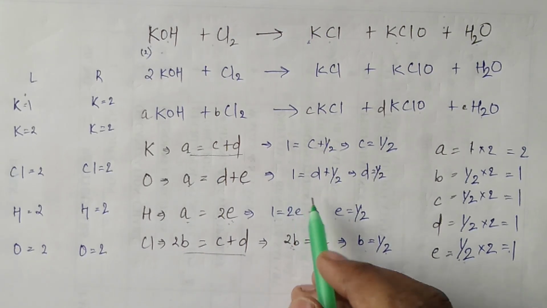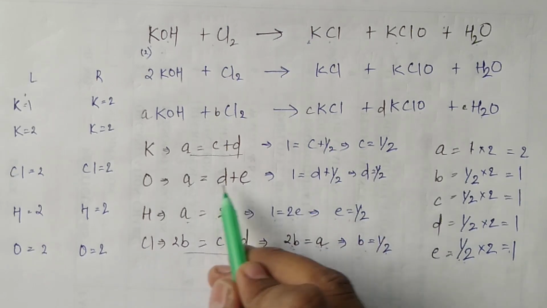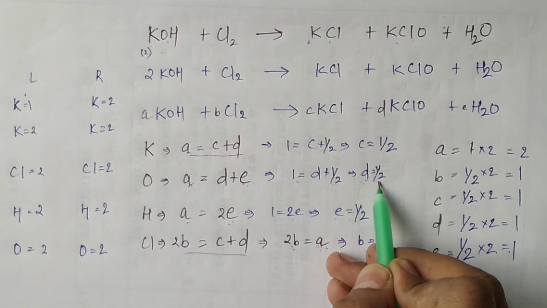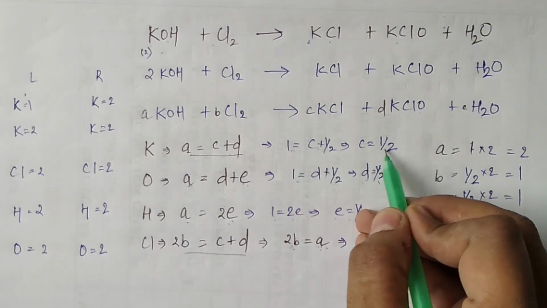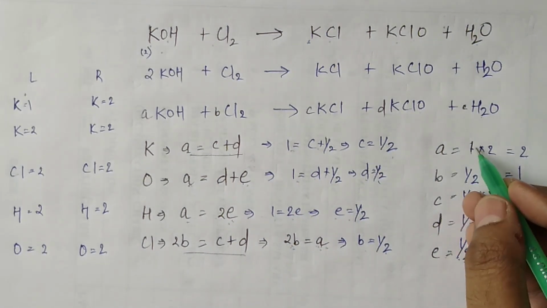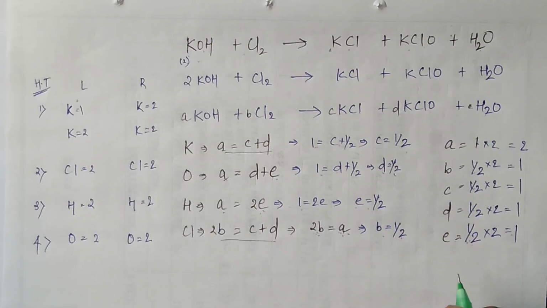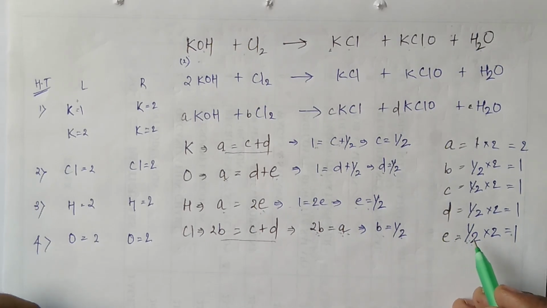Then I want to find the value of D. Substitute the values of A and E: 1 is equal to D plus 1 half. So D is also equal to 1 by 2. Similarly, I can have the C value as 1 by 2. Now if you put all the values, 1, 1 by 2, 1 by 2, 1 by 2, as I have told you, I cannot keep these values as fractions.